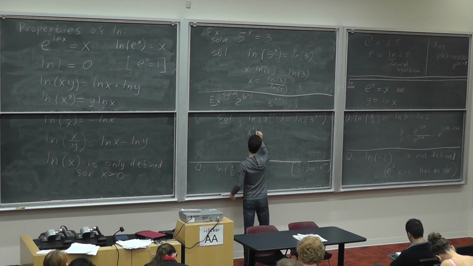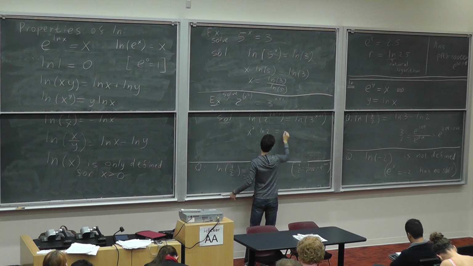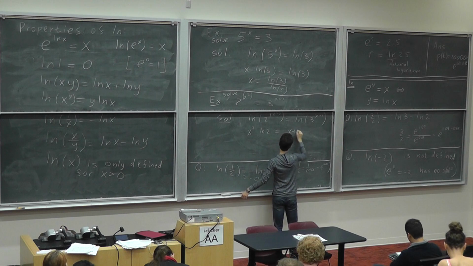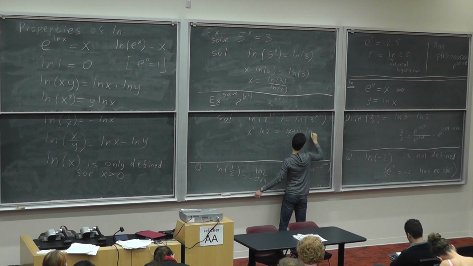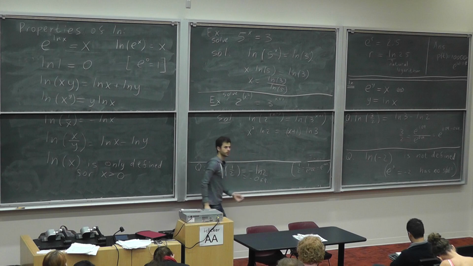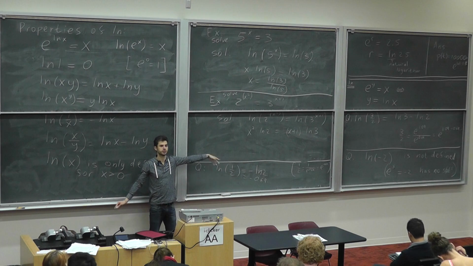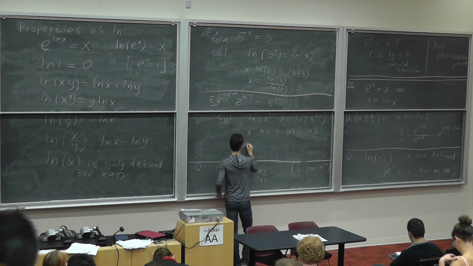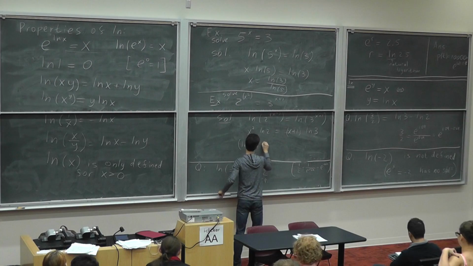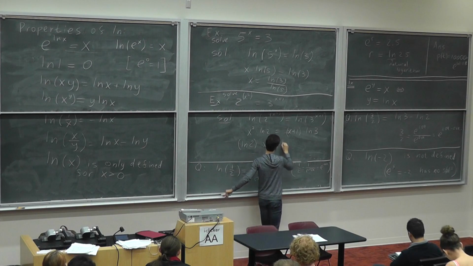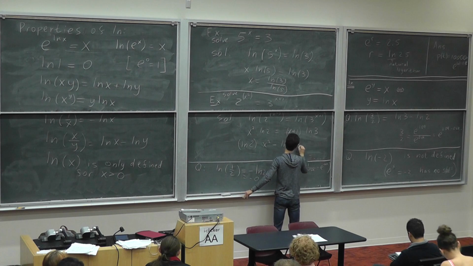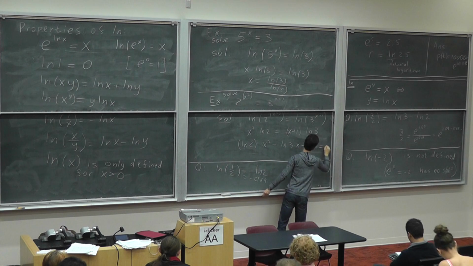So it will be x squared multiplied by log 2 is equal to x plus 1 times log 3. And now it is basically a quadratic equation, something familiar. Log of 2 times x squared minus log of 3 times x minus log of 3 is equal to 0.